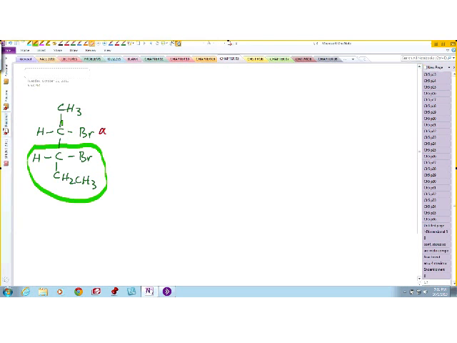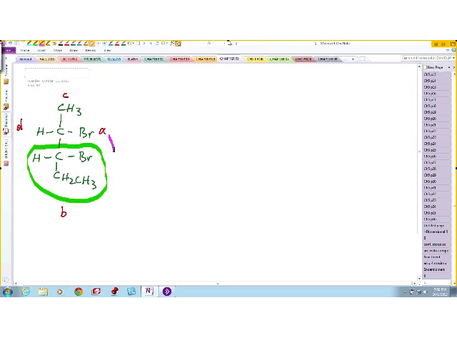This group, consider this a group, okay? And that will be B. Okay, what will be C? Methyl. And D, hydrogen.